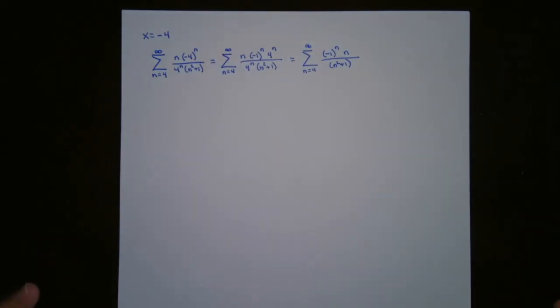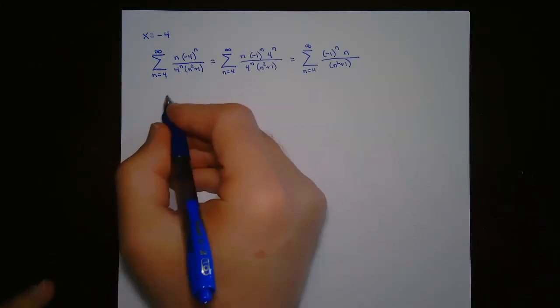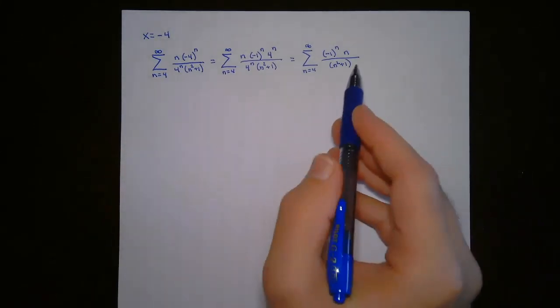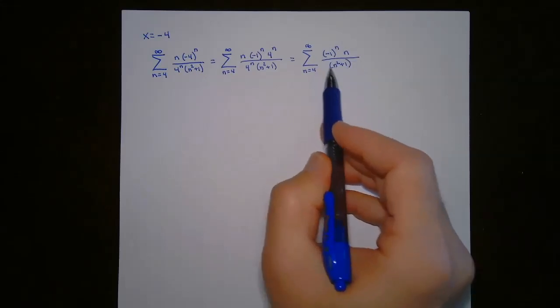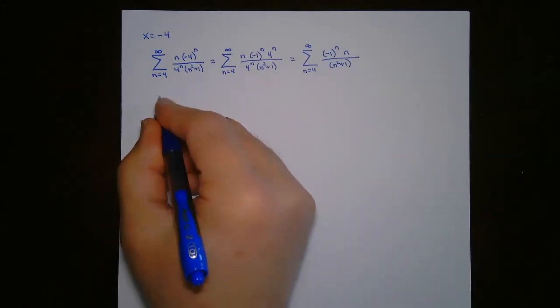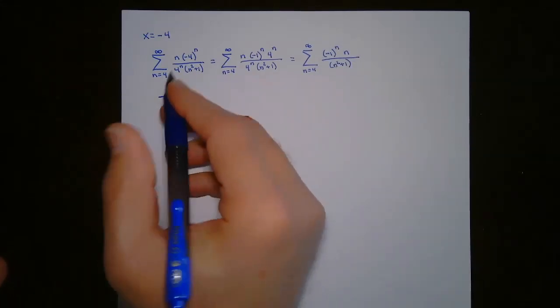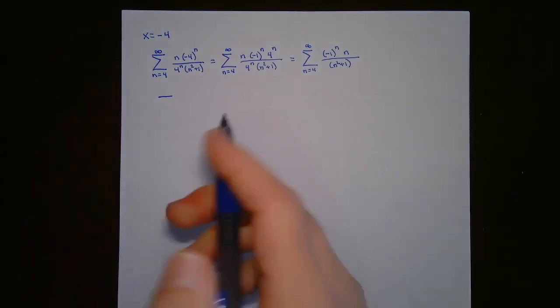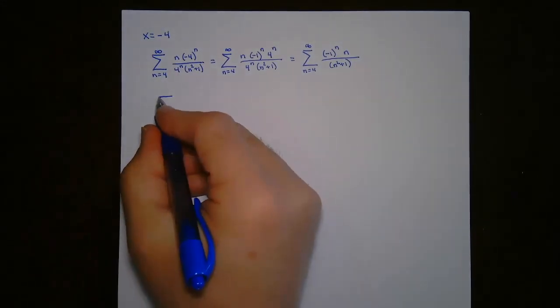All right. So if we check the absolute convergence of it, we're going to take the absolute value of this. So we're checking for the absolute convergence at x equals negative 4, all right?